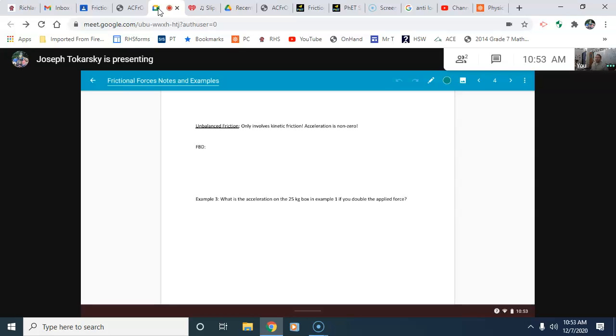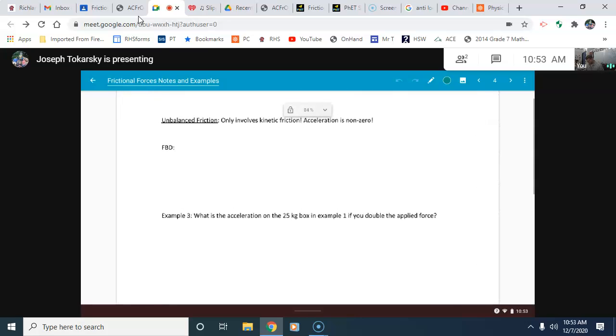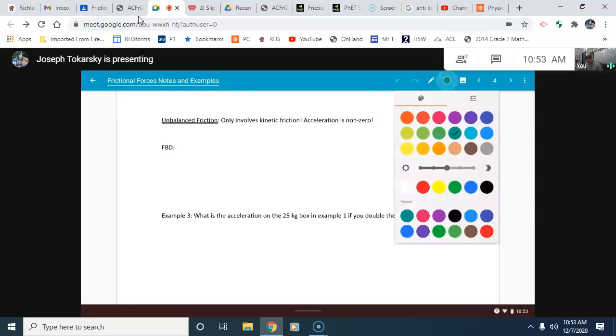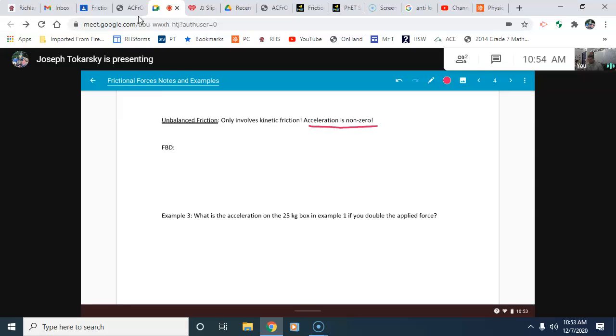Now, for this last scenario, we're going to group a few different cases into one, and then break some down in an example a little bit more. But if we have unbalanced friction, the main thing that's different mathematically in setting up the formula is that the acceleration is no longer going to be 0.